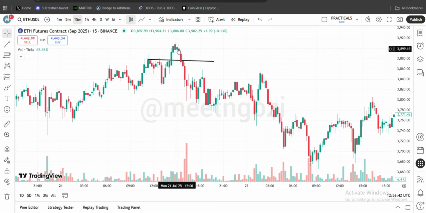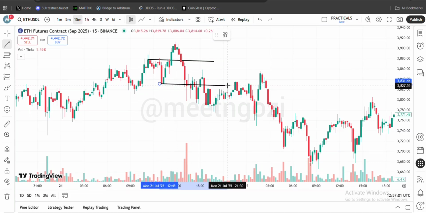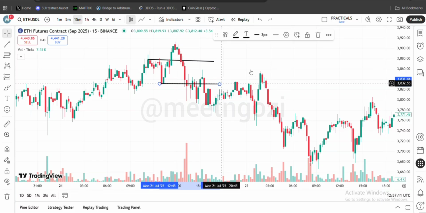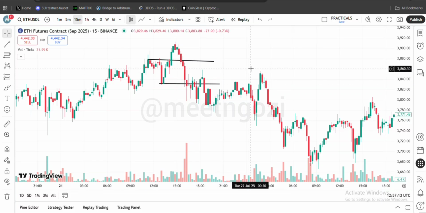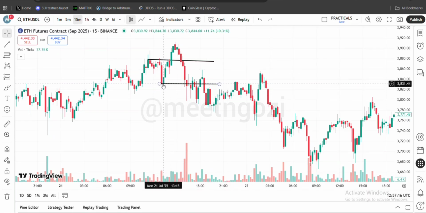But what happened? The market came below and past the break of structure, came down and took out the previous higher low. So let me mark it. This was the previous higher low.